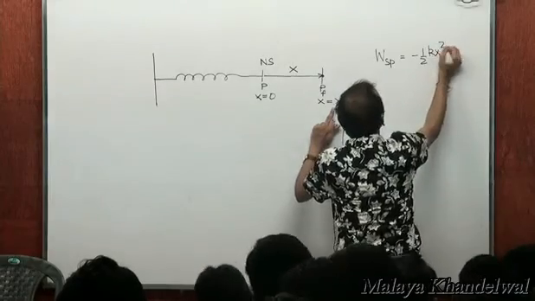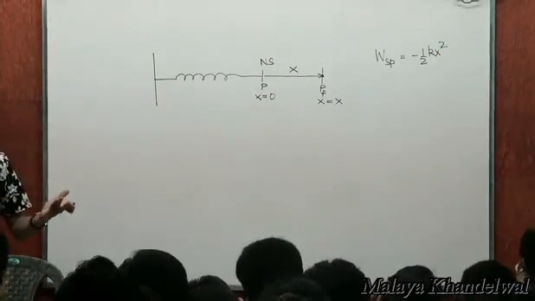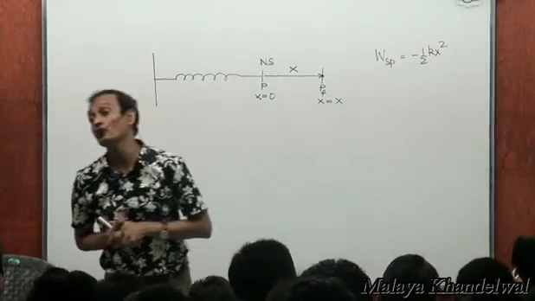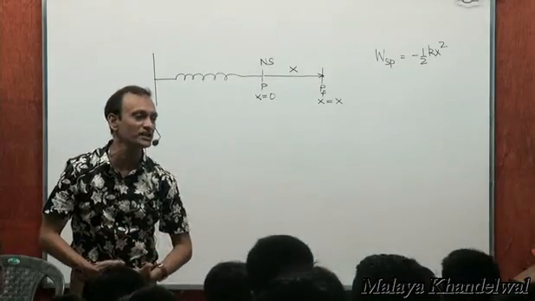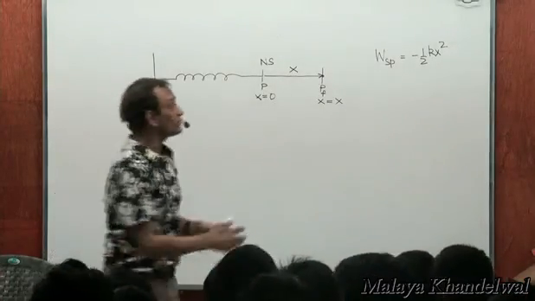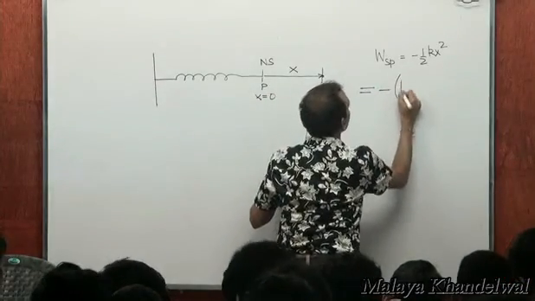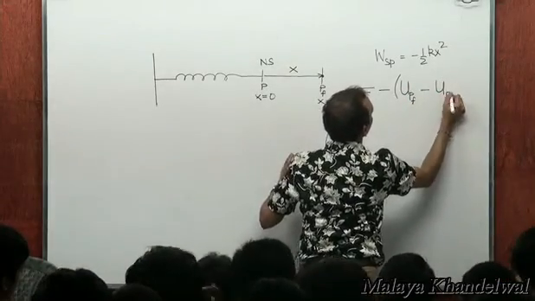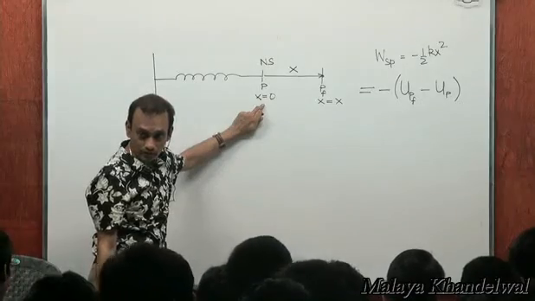Instead of x1, you have x. That's the work done by the spring force from x equal to 0 to x equal to x, right? But the spring force is a conservative force, so the work done by the spring force is negative of the change in potential energy, by definition. So this is minus of potential energy at Pf minus potential energy at P. What is P? P is the natural state, that is x equal to 0.